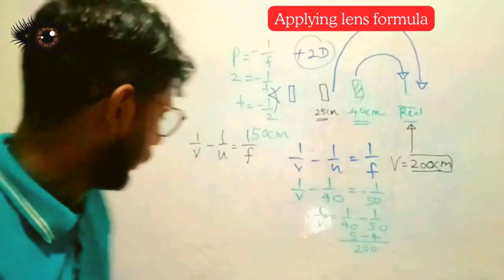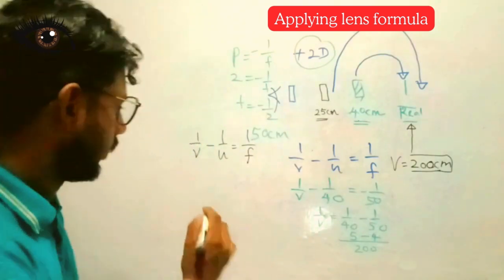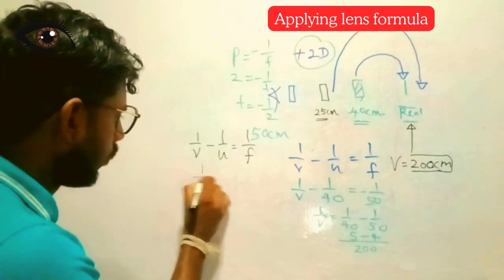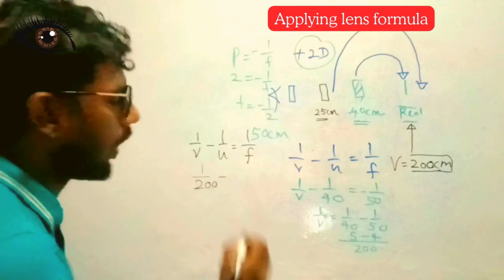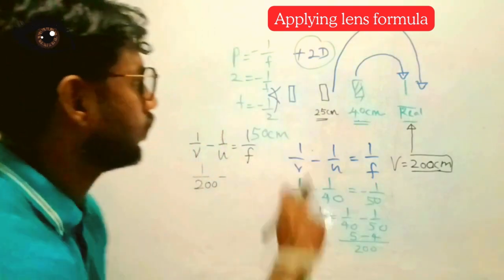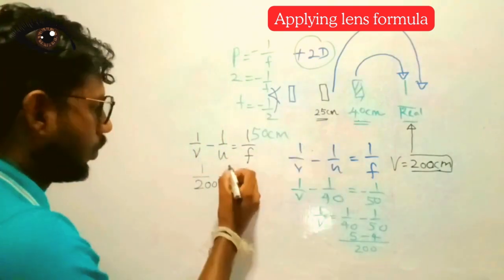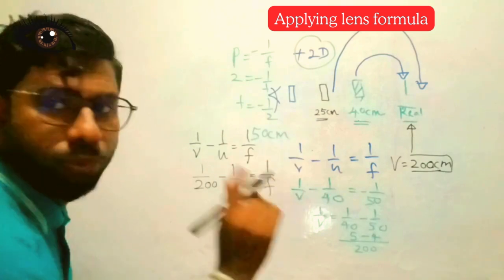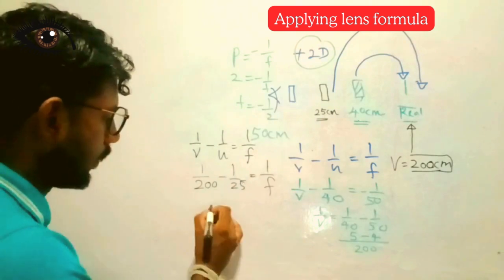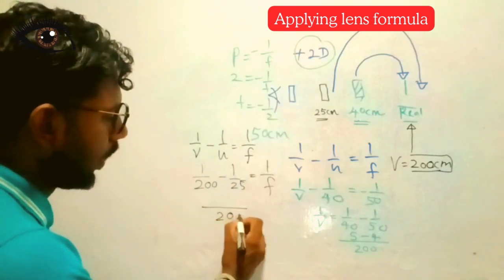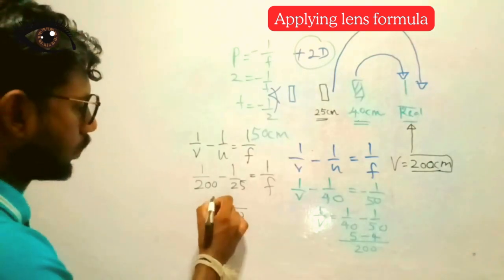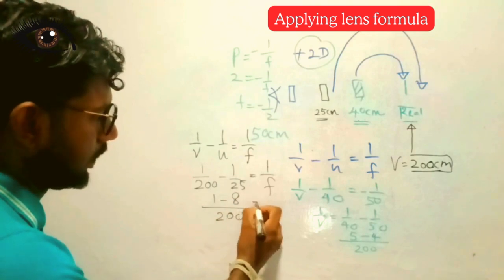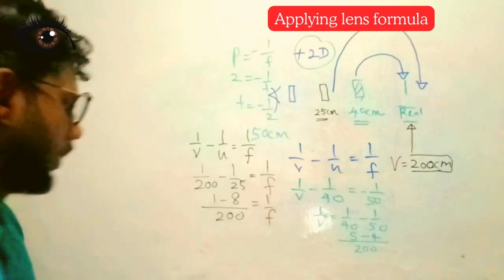So 1 over v, that is 1 over 200, minus 1 over u, which is 1 over 25, and f of course we do not know. Let's take the common denominator again, 200. So it's 1 minus 8 equals 1 over f.